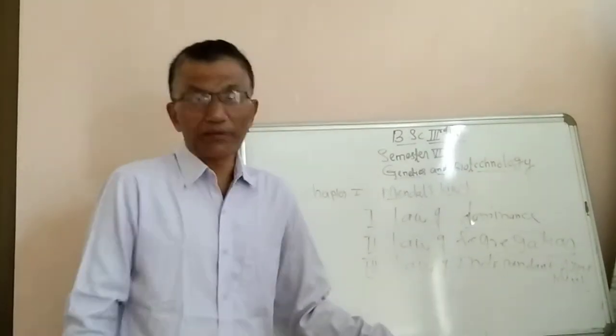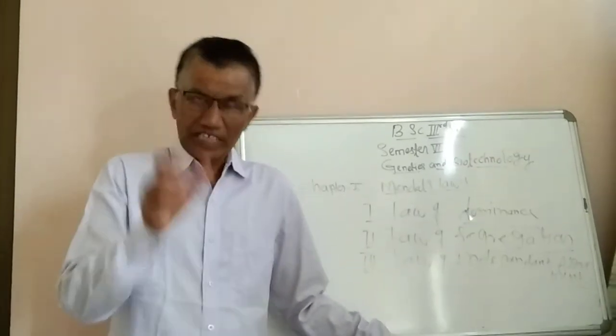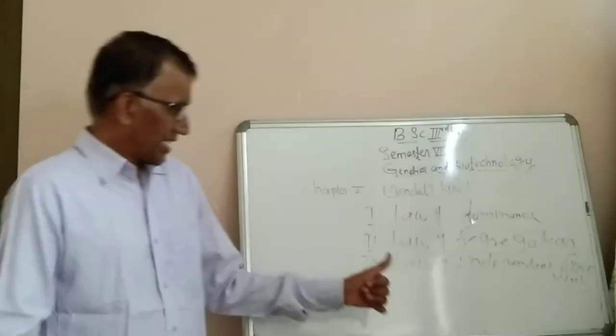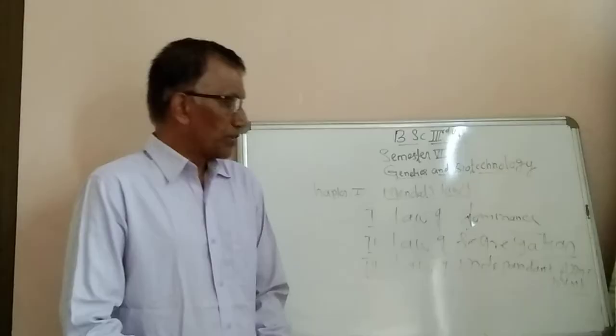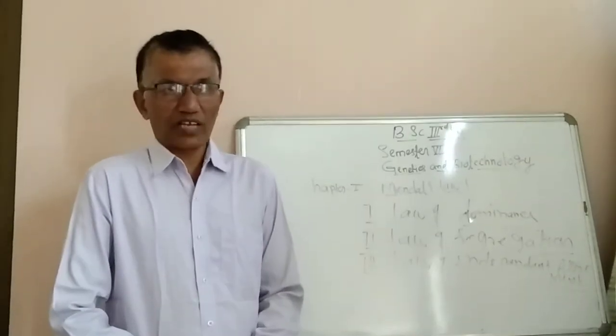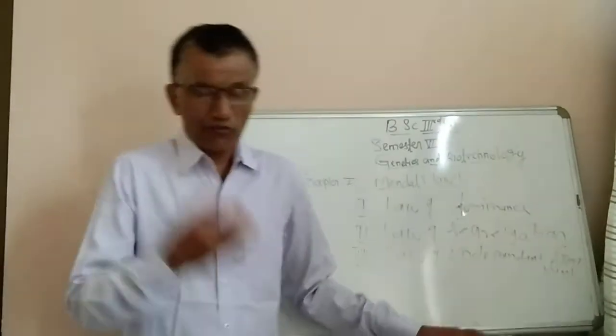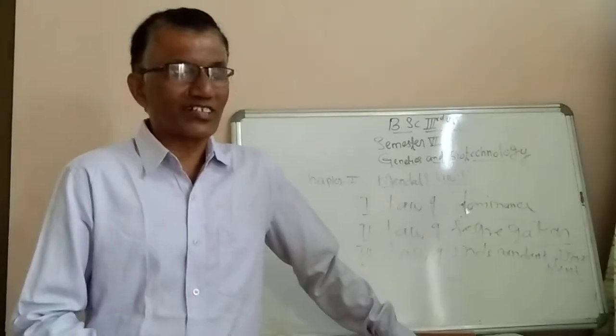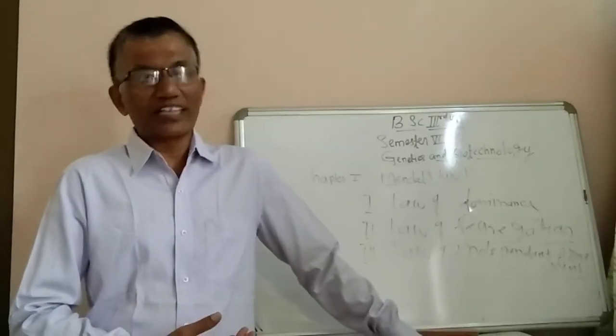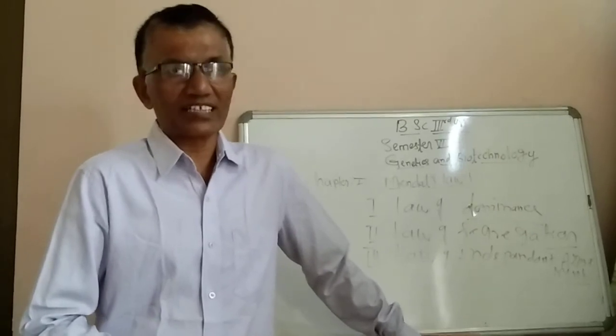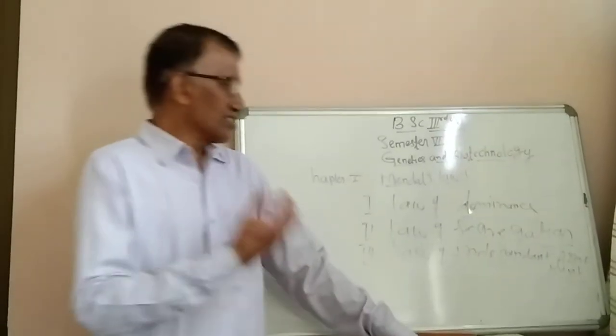With the help of the dihybrid cross, he proved the law of independent assortment. As we know, when he published his research work, at that time nobody took Mendel's work into consideration.